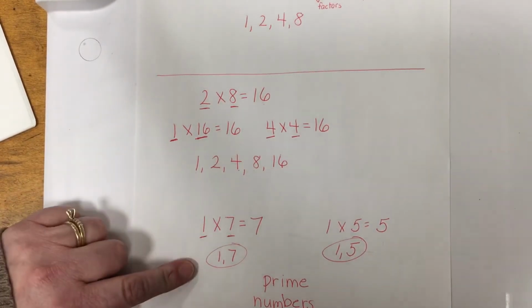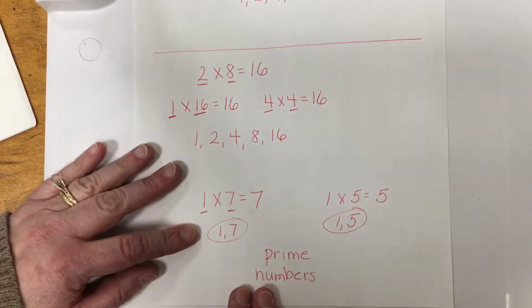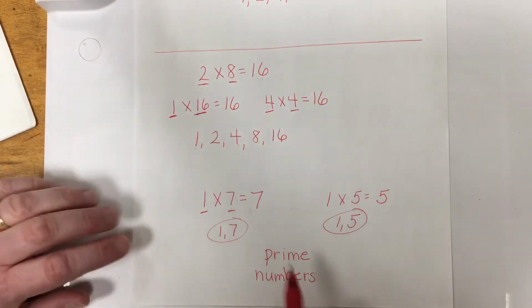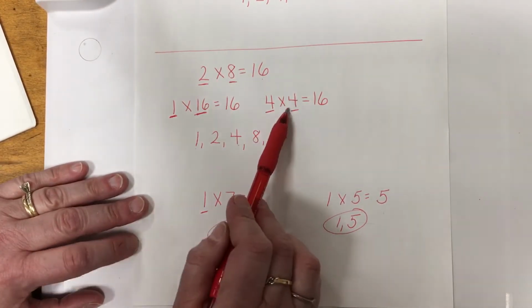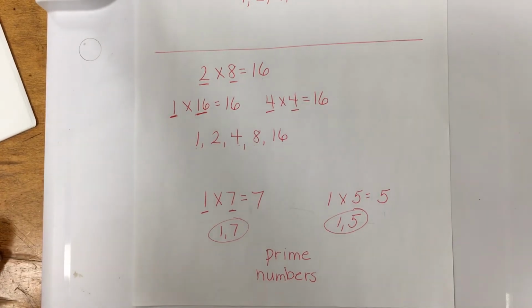Now, this was very different from 16, because for 16, we had 1, 2, 3 sets.